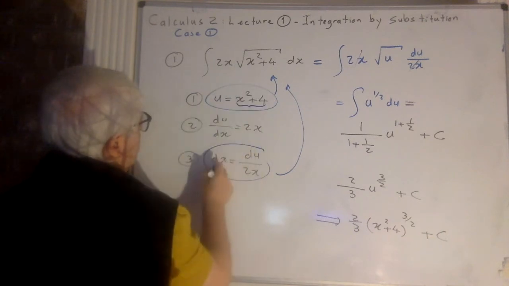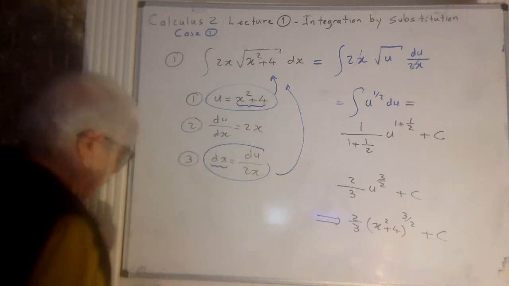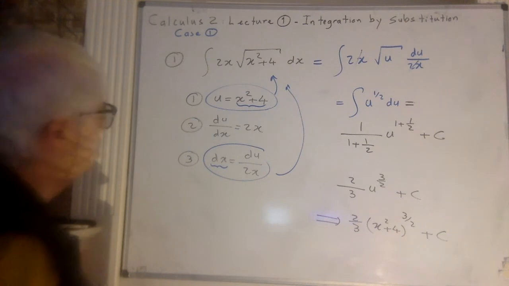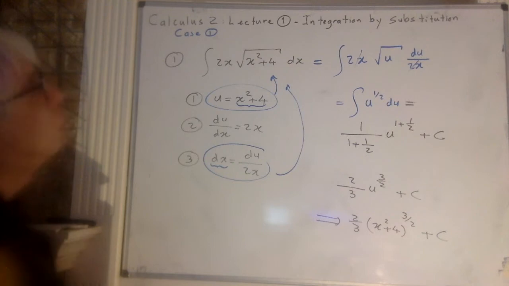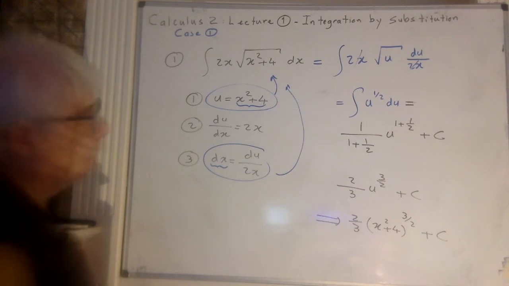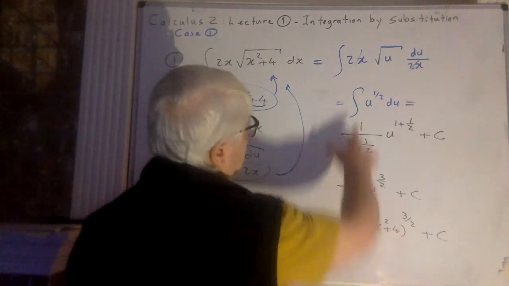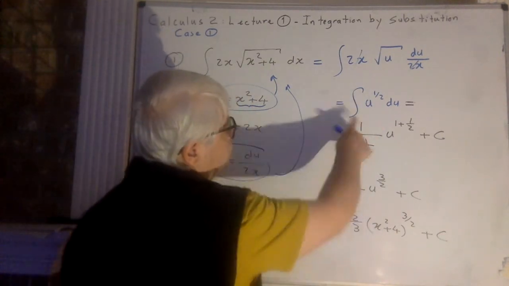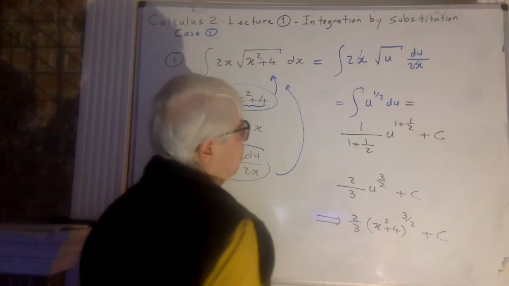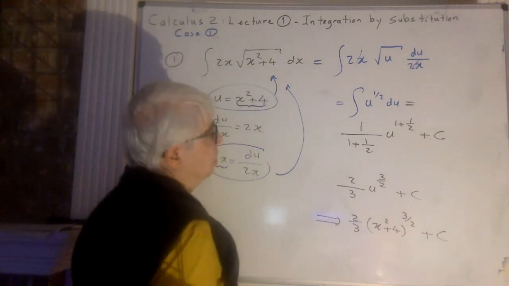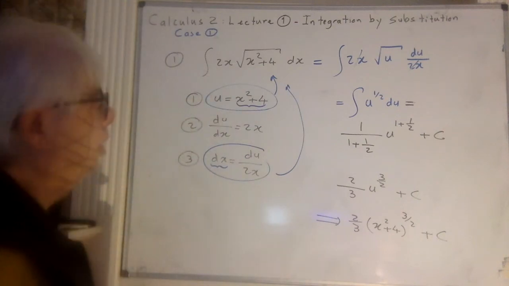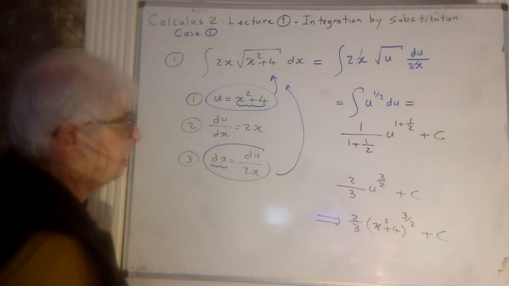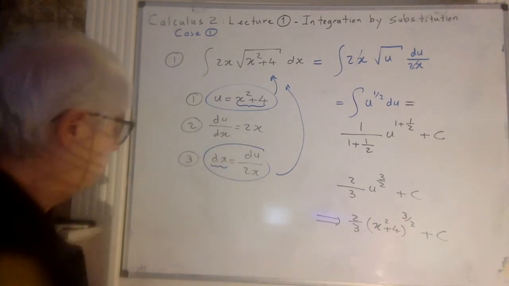Okay, so x squared plus 4 is u, and dx is du over 2x, and that's over there. And now we get radical u. Radical u is u to the power 1/2, and the integral of u to the power n is 1 over 1 plus n, u to the power 1 plus n, if n is not negative 1. Okay, and simplifying that gives me this end result.